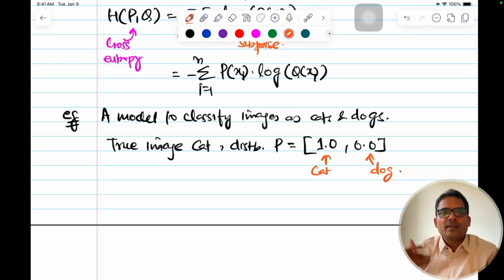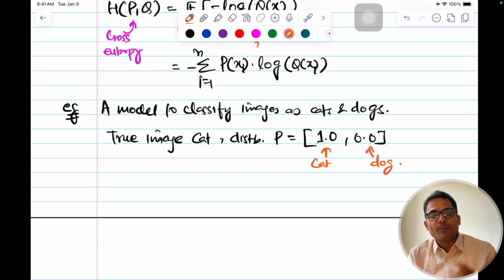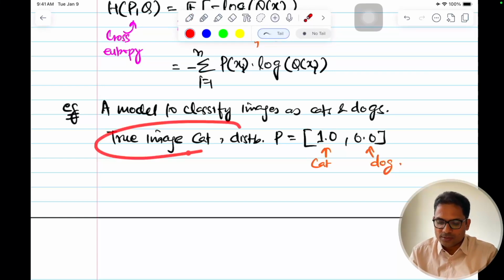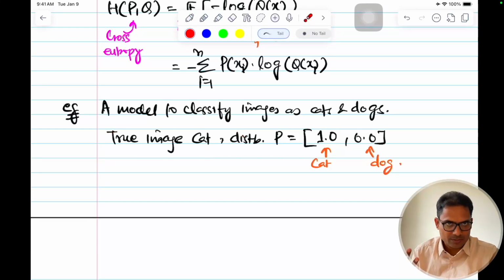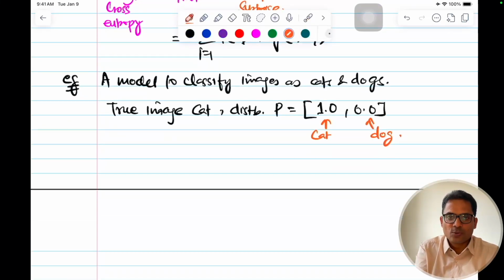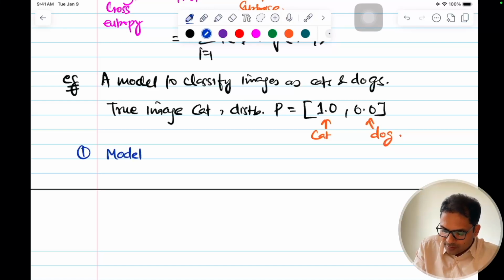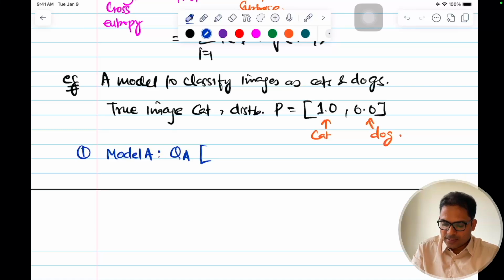Let's compare the cross entropy of two models, which will give me the idea of cross entropy loss. So I have two models. The first model is model A, and its output Q of A is 0.8 cat and 0.2 dog.